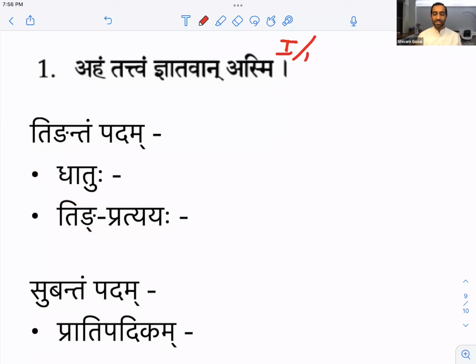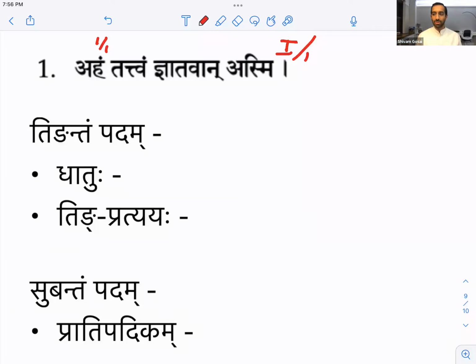Okay, so we have to be very systematic. Dhatu, then ting pratyaya. Then we look for all of our verbs. Usually look for the first case first. Okay, let's give cases to all of them, and then we'll decide. So aham. Aham is 1-1, right? Asmad shabda.